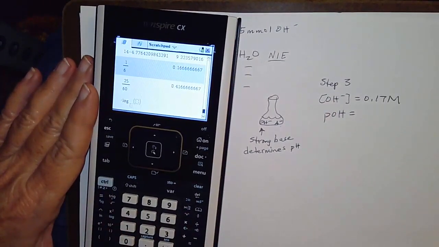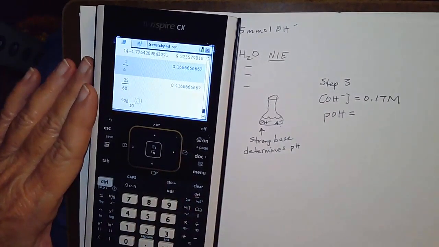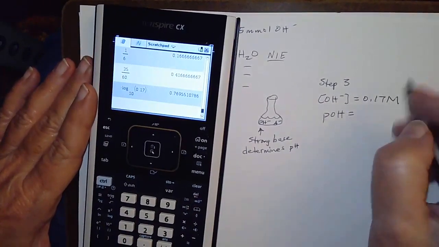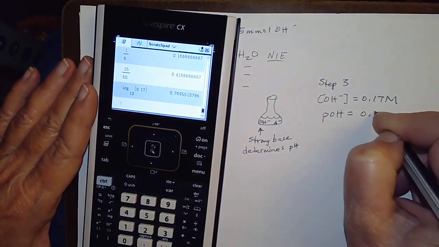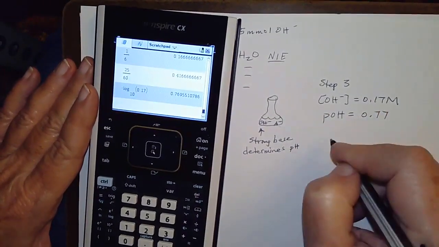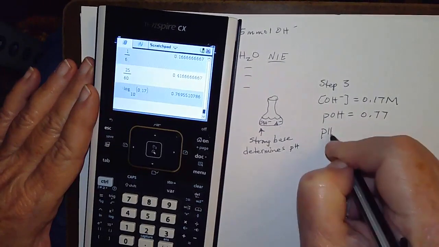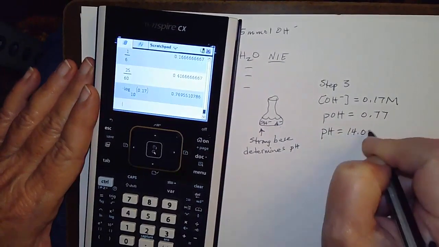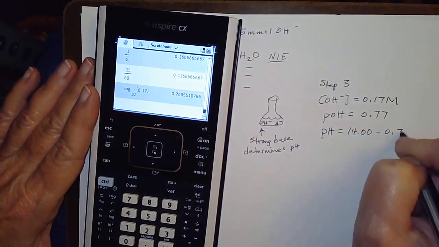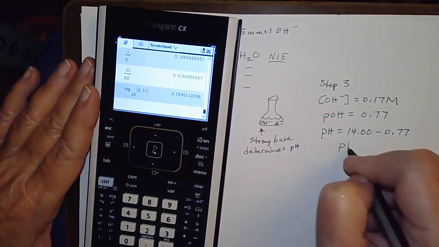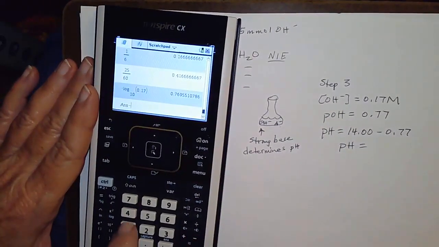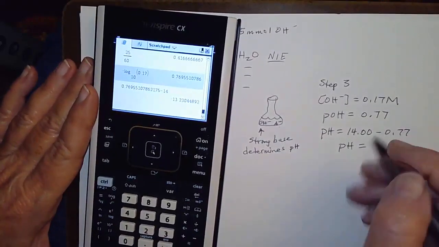So the negative log of the hydroxide is the pOH, and that's 0.77. And so the pH then is 14.00 minus 0.77, and the pH is 13.23.